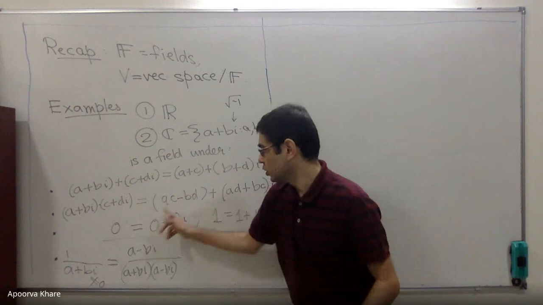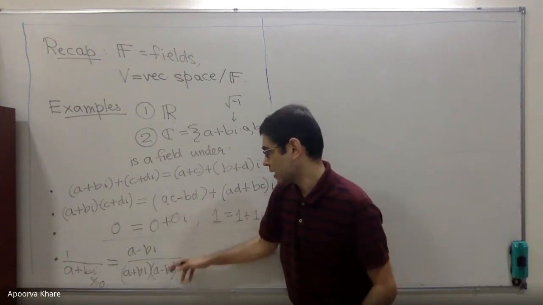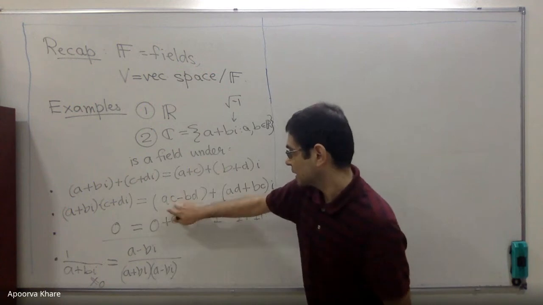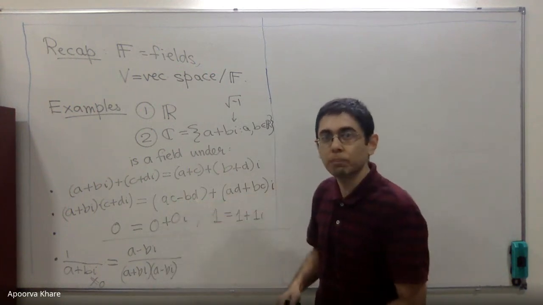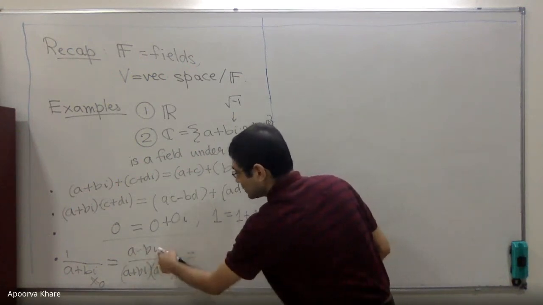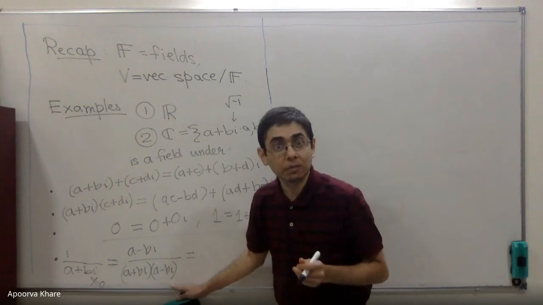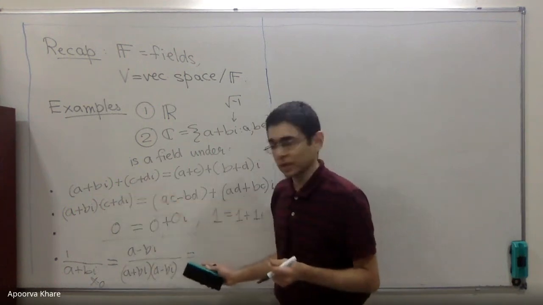And what is the real component? It becomes a times a minus b times minus b, so it becomes a squared plus b squared. So this becomes a minus bi divided by a real number, a squared plus b squared. So how do you write it as a new complex number?